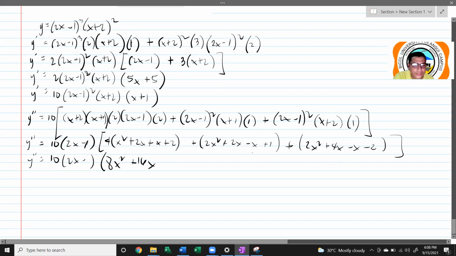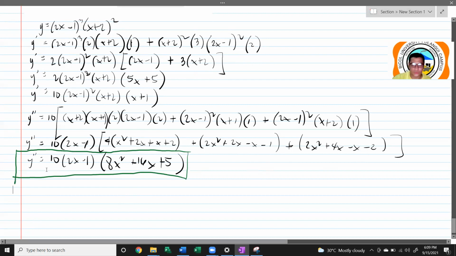We have a mistake here. This should be minus 1. Then we have 8 minus 1 is 7, minus 2 is 5. So we have 5. So this is our second derivative. So that solves our problem.